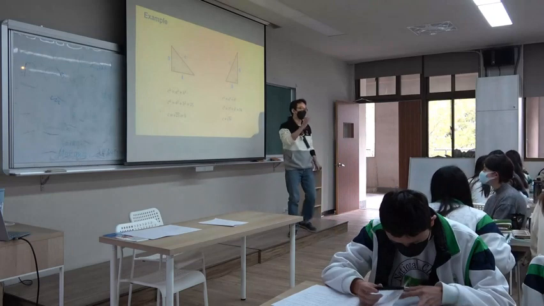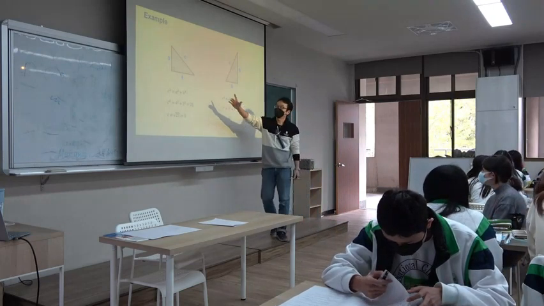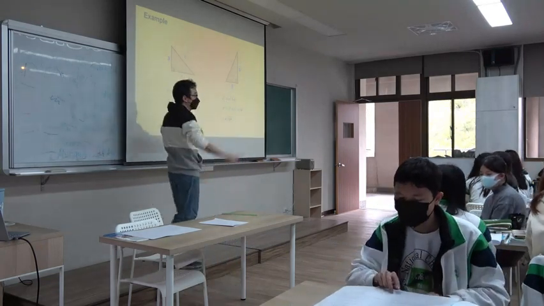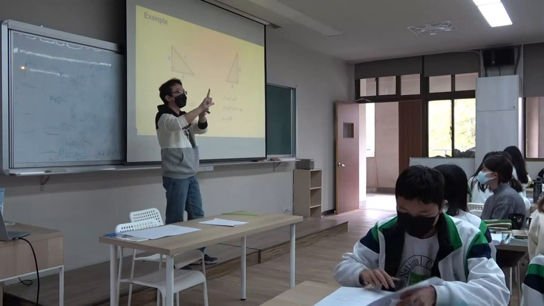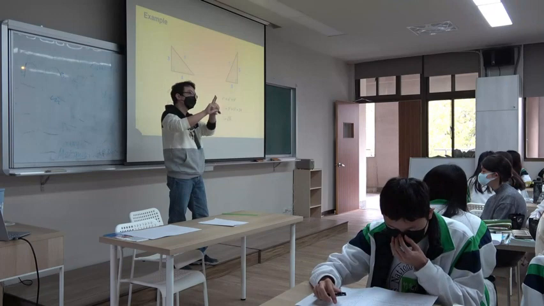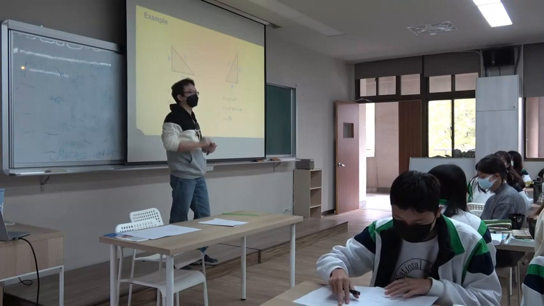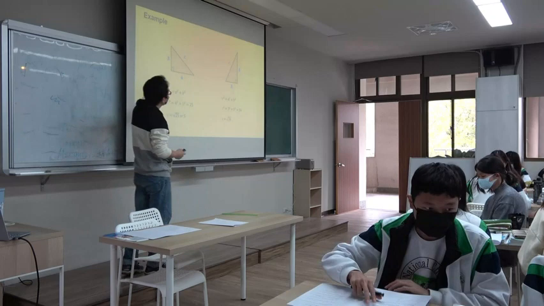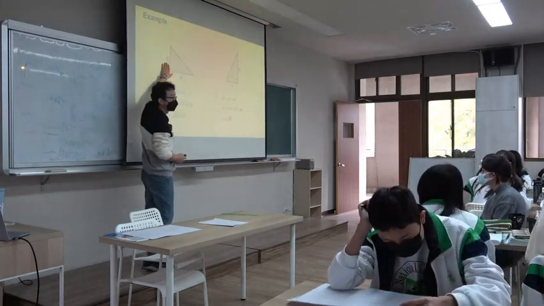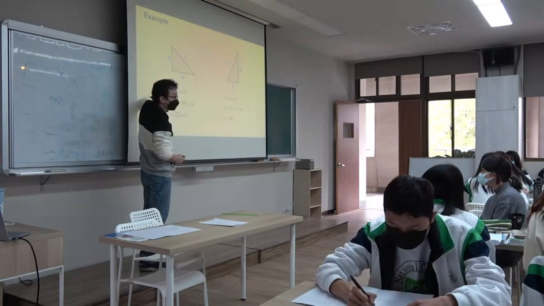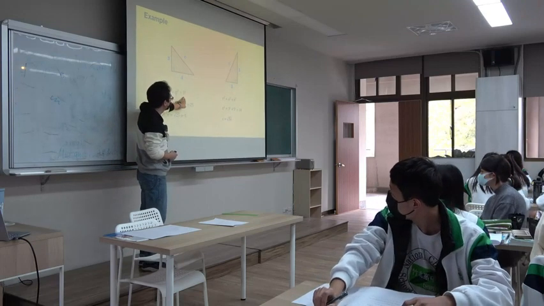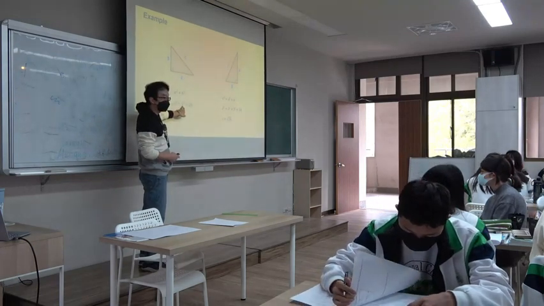And by using this theory, if there is a right triangle and you have the length of the legs, you can use this theory to find the length of the hypotenuse. For example, in this case, we have legs 4 and 3. We use the Pythagorean theory. Replace A and B with 4 and 3.